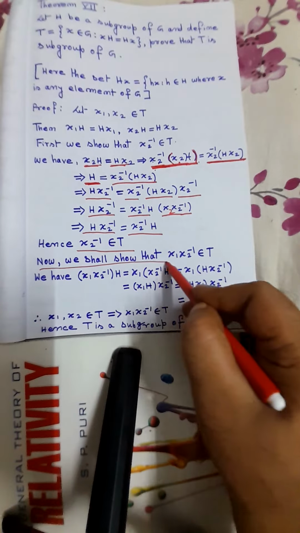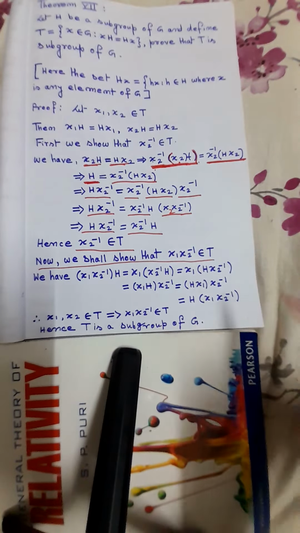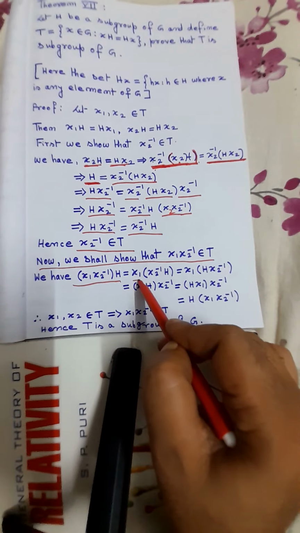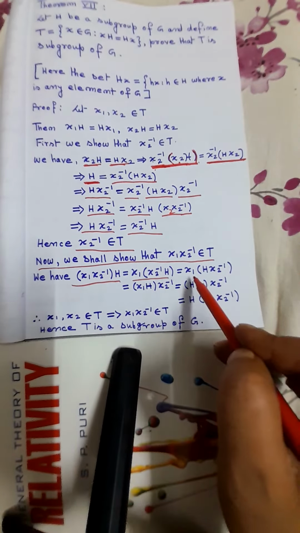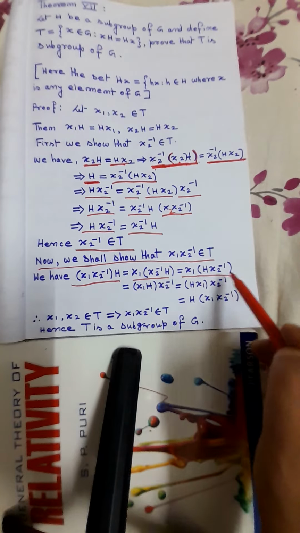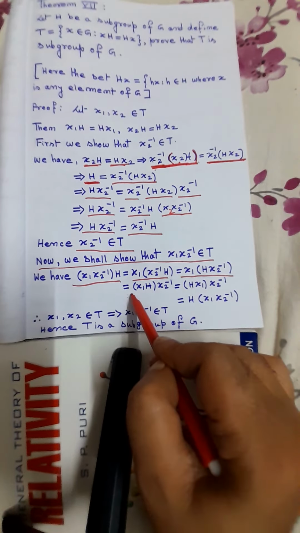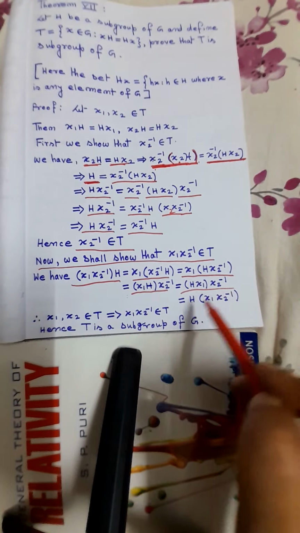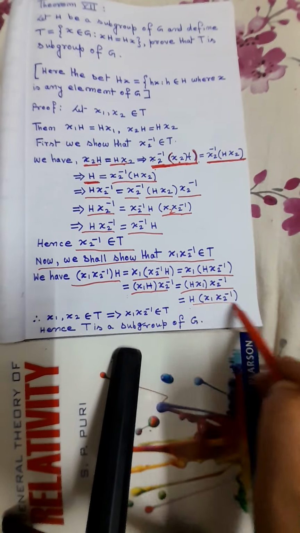Now we shall show that x1 x2 inverse belongs to T. We have x1 x2 inverse h equals x1 h x2 inverse. That gives us x1 h x2 inverse equals h x1 x2 inverse.